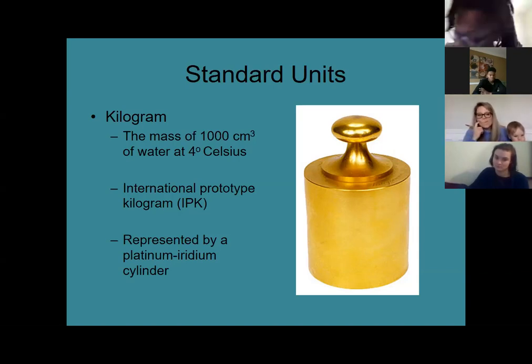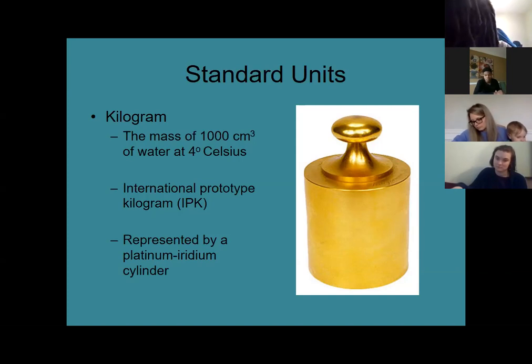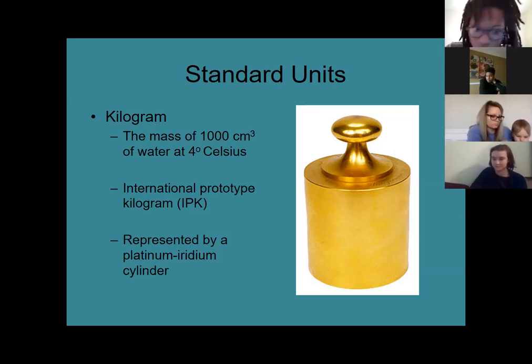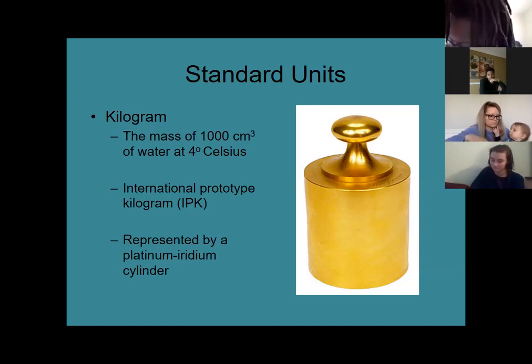I'm not sure why 4 degrees. Why not 0? It's frozen at 0. But anyway, this was the standard. Then they developed an international prototype kilogram that is this platinum iridium cylinder. So again, very specific standards that are set by the International Bureau of Weights and Measures.